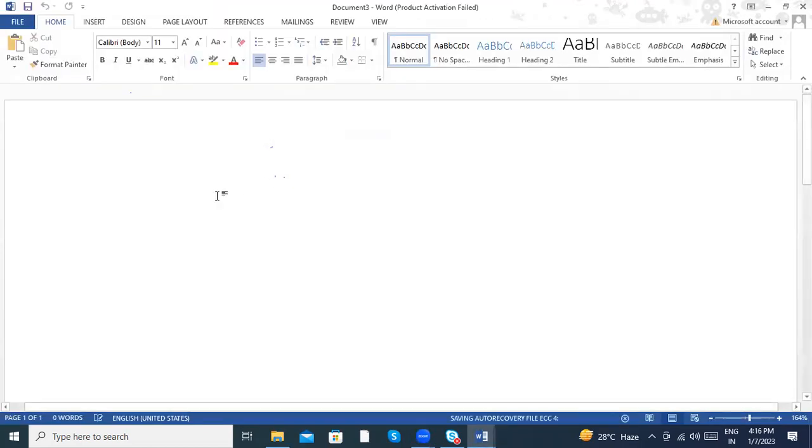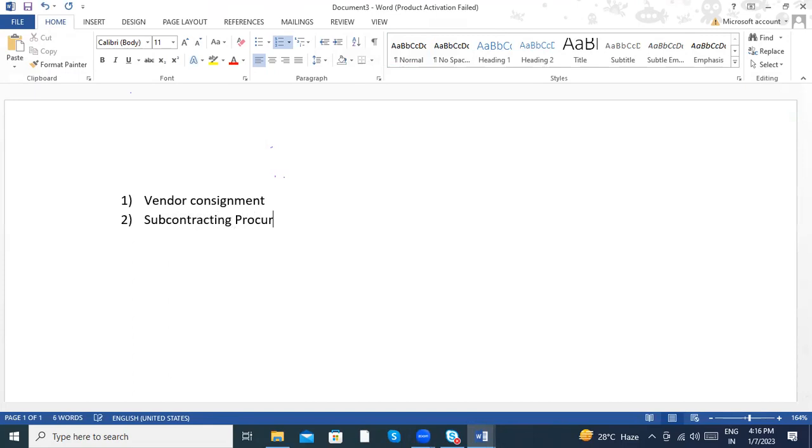Okay. So the first process we discussed was the vendor consignment process. These are the special stock documents, right? One is the vendor consignment process, the second one is subcontracting, then subcontracting procurement process and third party procurement process, and stock transfer order, and pipeline procurement.